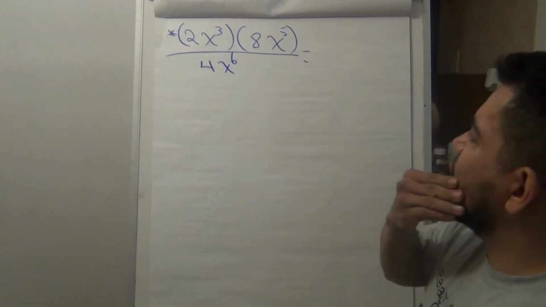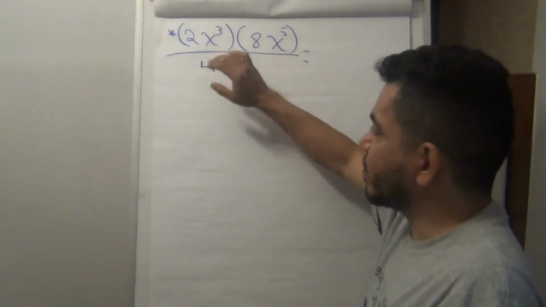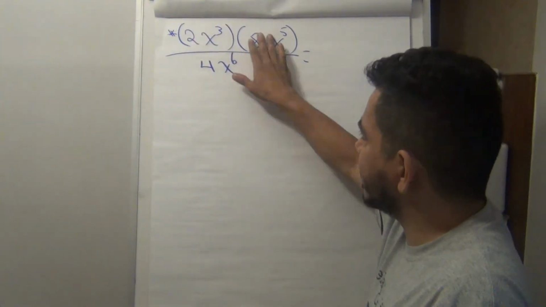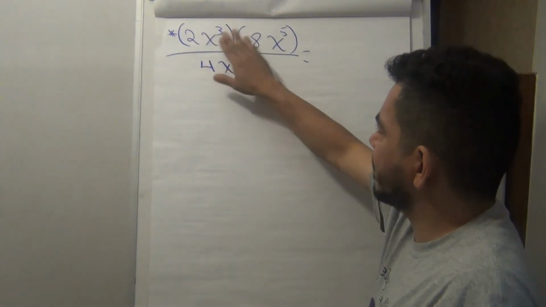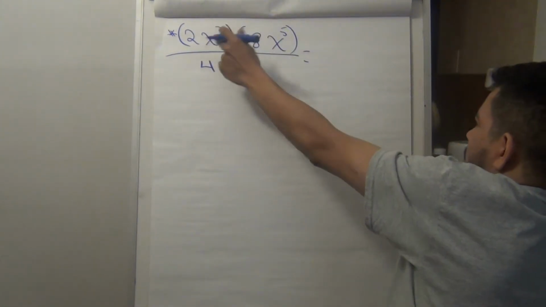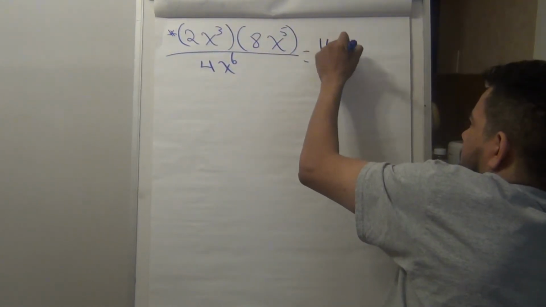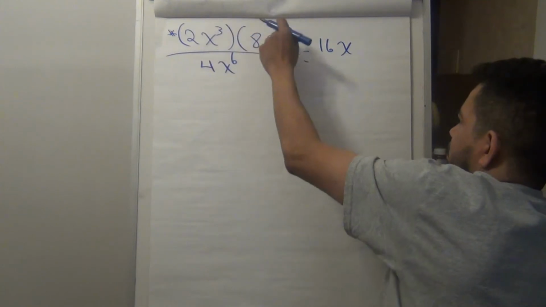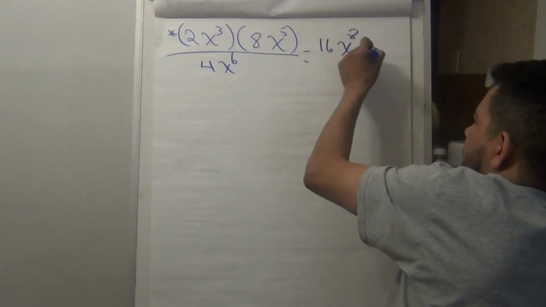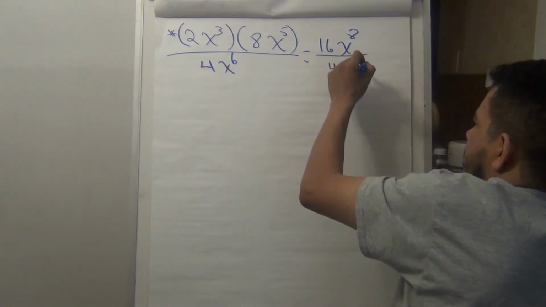Okay, so there is no sign like plus or minus, so you don't have to divide this by this and this by this. No, this is a multiplication. So let me multiply the top to make it easier. 2 times 8 is 16. X to the third, x to the fifth, x to the eighth, divided by 4x to the sixth.